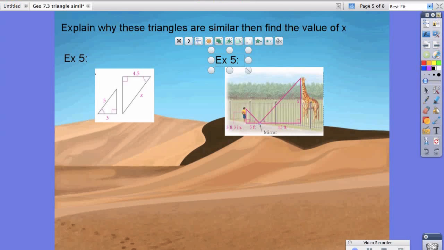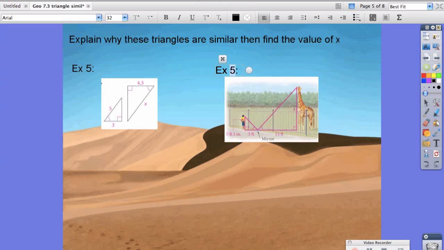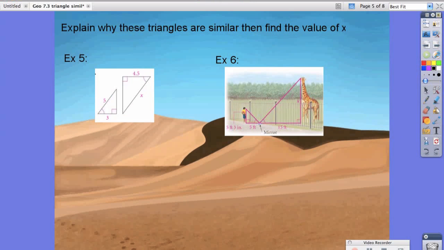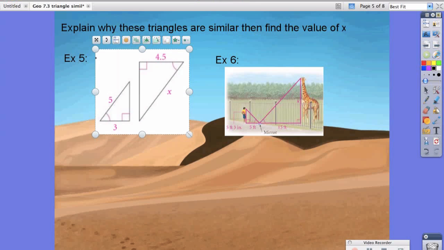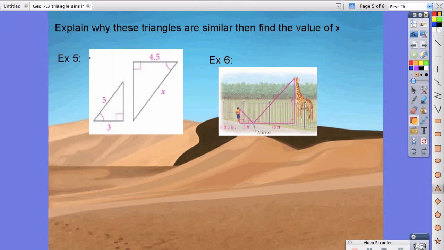This one is going to require us to actually calculate a couple things, which shouldn't be that bad. So first thing we want to do is look at the two triangles that they give us here. Notice that they're shaped in a different direction, so just to make it easier to see, we're going to copy them really quick.